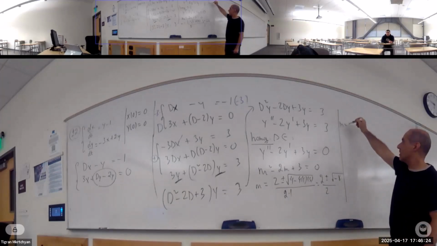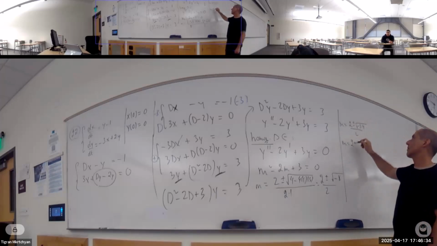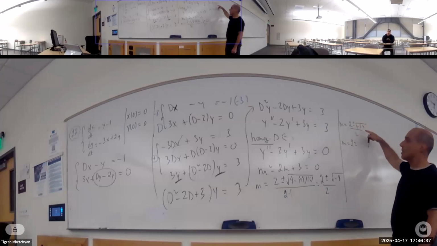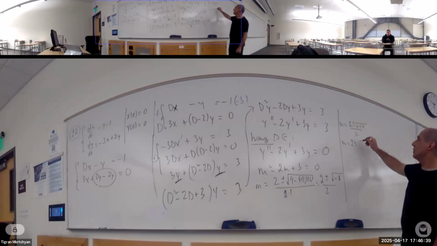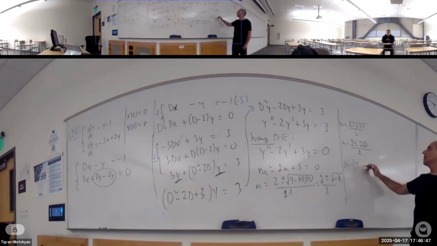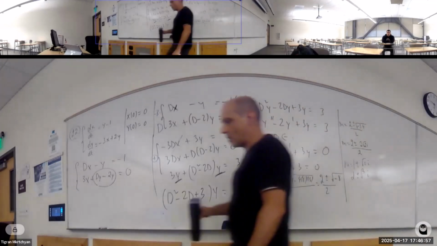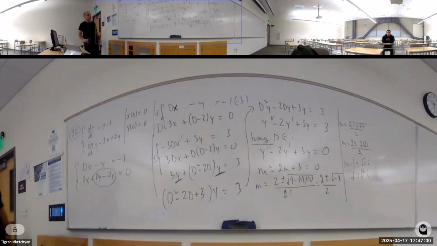So we have 2 plus or minus the square root of negative 8, so 2 root 2 i, over 2, which is 1 plus or minus root 2 i. So we're going to compare it to alpha plus or minus beta i. Questions so far?